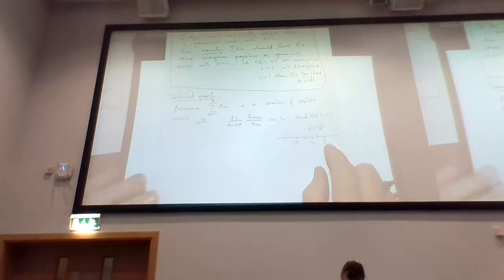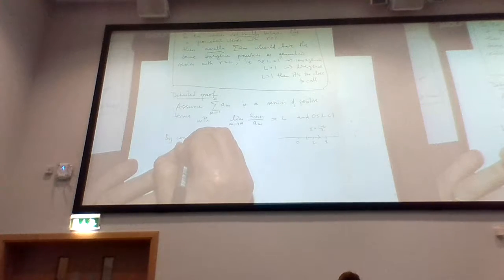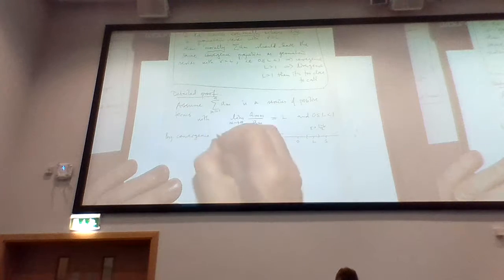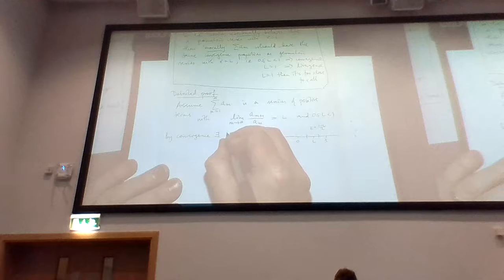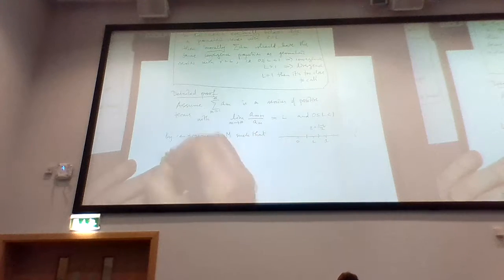Okay. Now, by convergence of this sequence to L, there exists an N such that, Saeed's got you using his predicates, the exists and for all predicates, maybe.